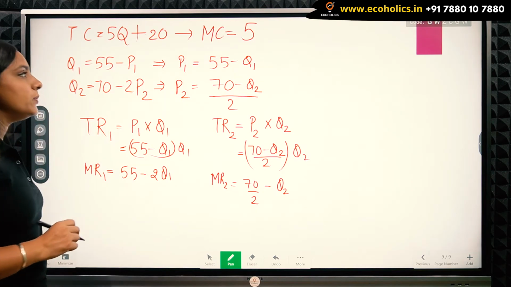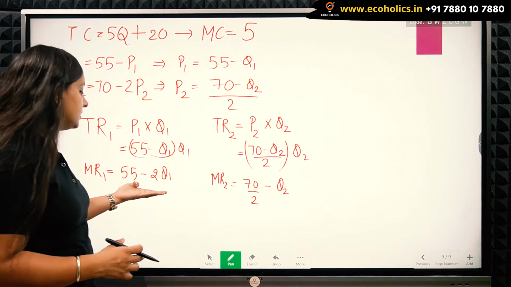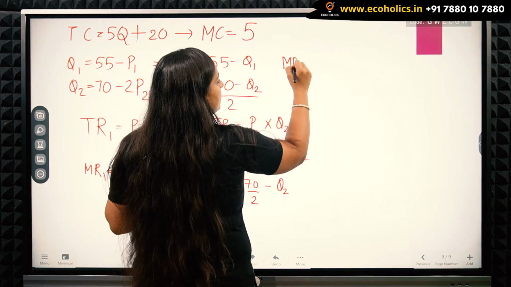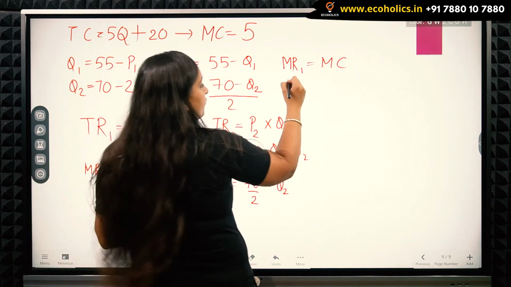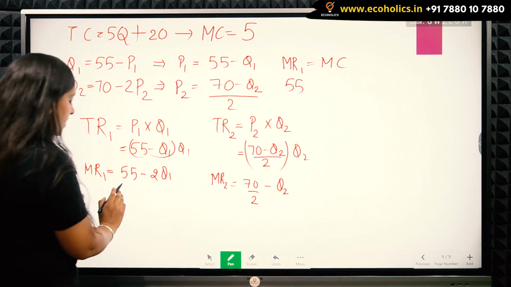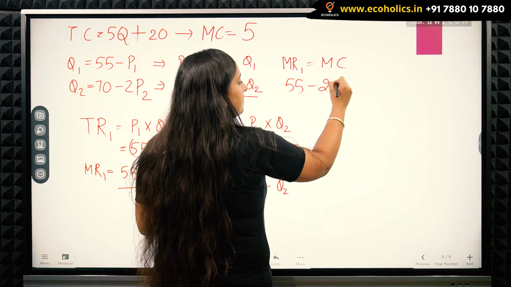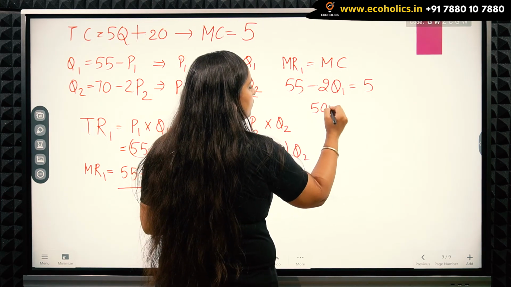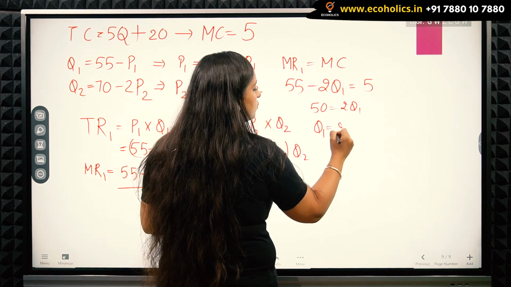For the profit maximization condition, I need to equate these with marginal cost. Marginal revenue 1 equals marginal cost, so 55 minus 2Q1 equals 5. I get 50 equals 2Q1, so Q1 equals 25.